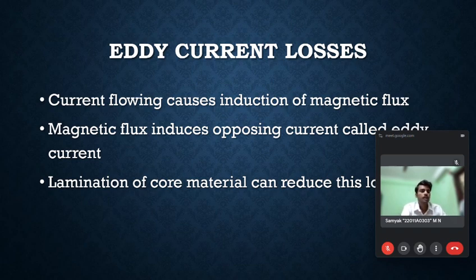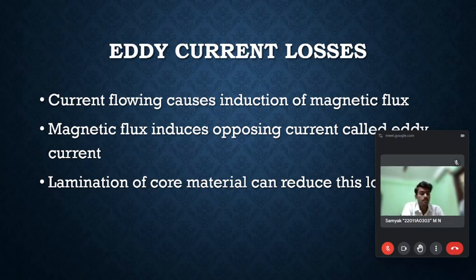In simple words, eddy current opposes our needs, and hence it is considered a loss. It is induced because of magnetic flux. As you can see, magnetic flux induces opposing current called eddy current, and this eddy current causes a loss to the current that we are providing.